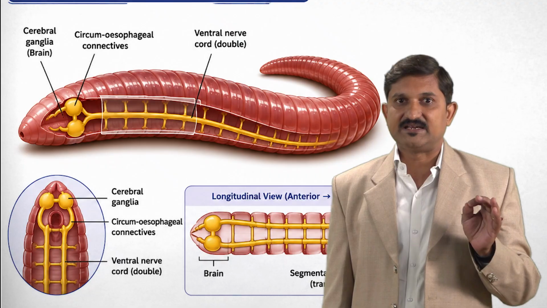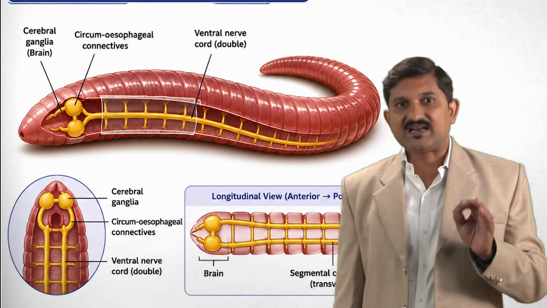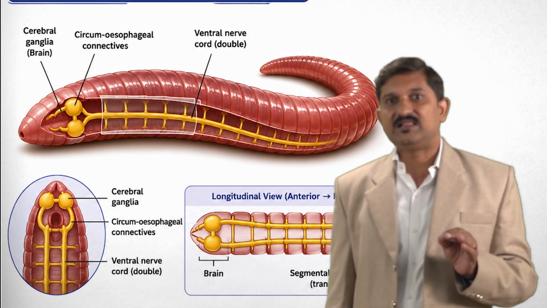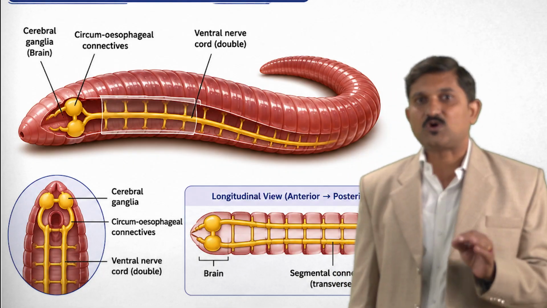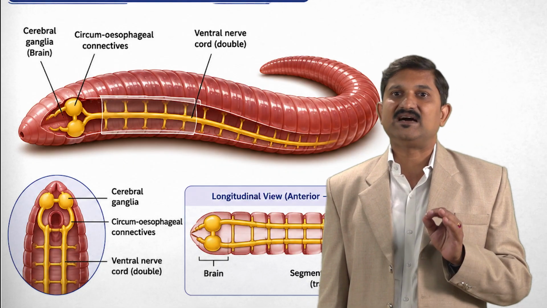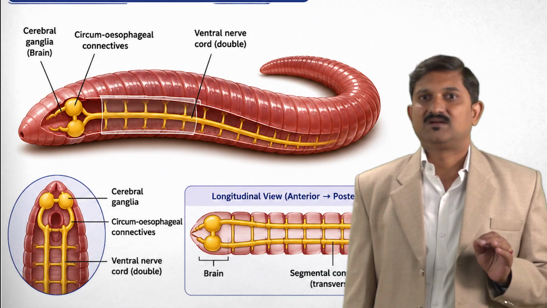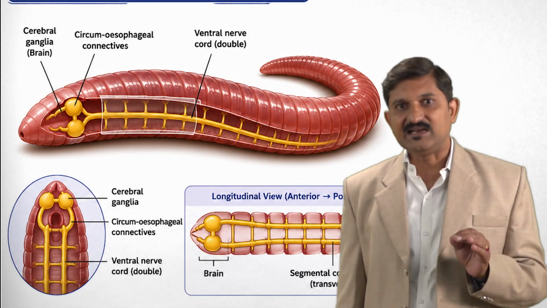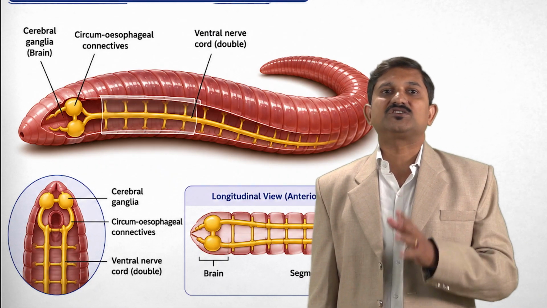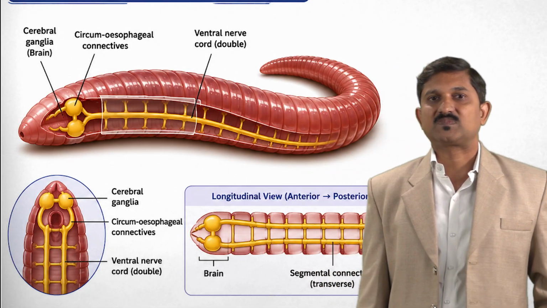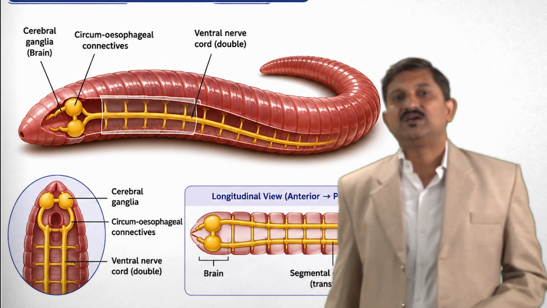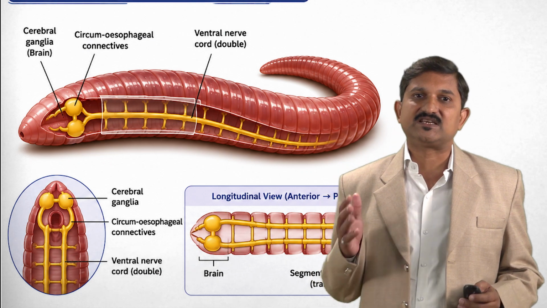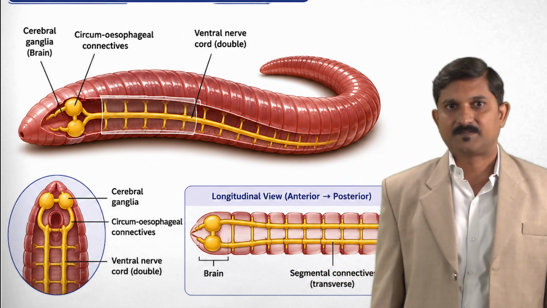The nervous system has also seen some development, and this development is in the form of a nerve ring. There is a solid double midventral nerve cord along with ganglia as well. Dear viewers, a ganglion is an aggregation of nerve cells. A nervous system is normally associated with certain receptors as well.